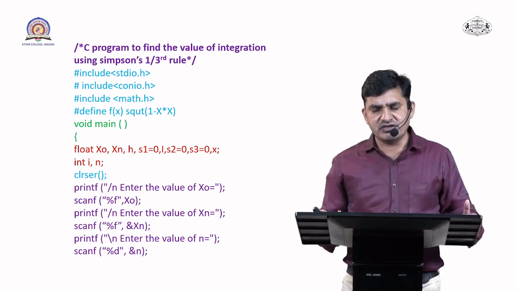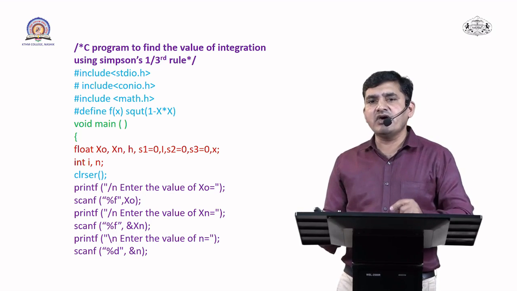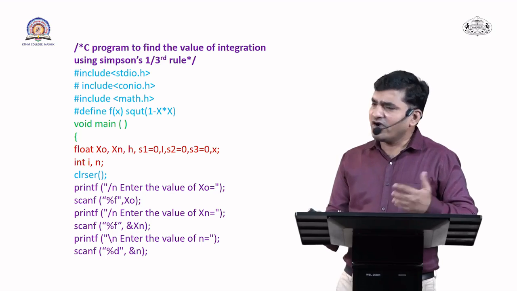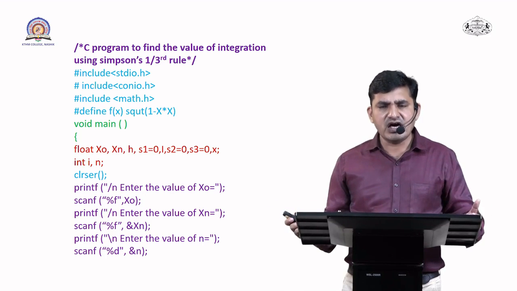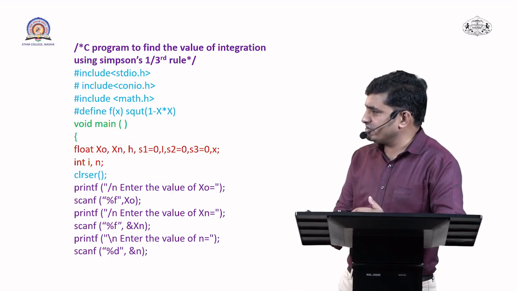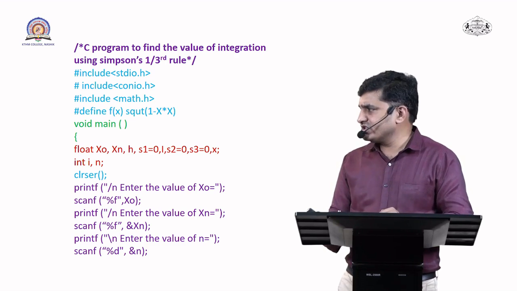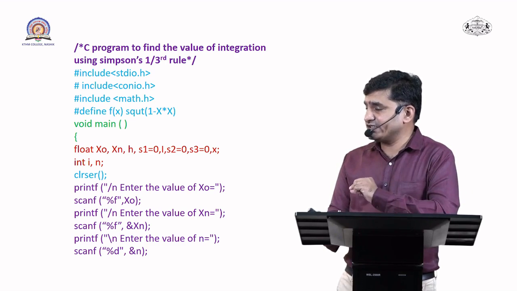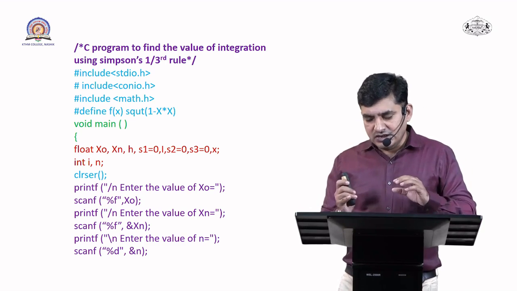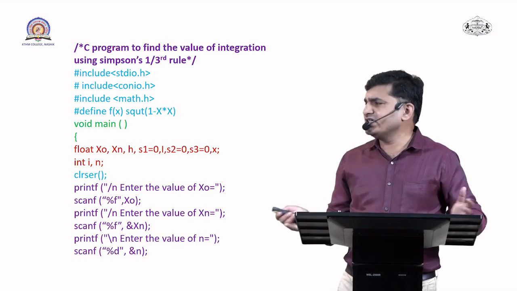Then define the function. Function f(x) is equal to square root of 1 minus x square. Now this is our function. Void main, the code is executed when we use this void main function. Declare x0, xn, h, s1 is equal to 0, s2 is equal to 0, s3 is equal to 0, and x. This is the initialization.